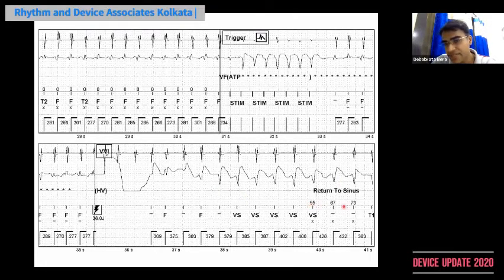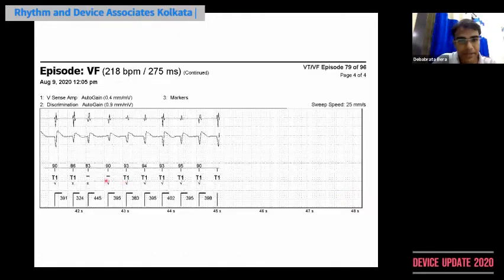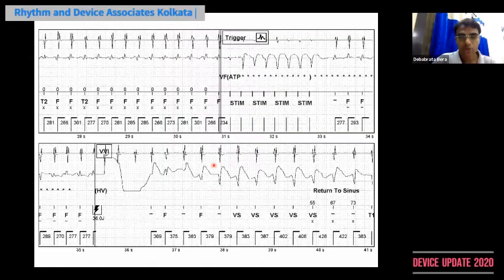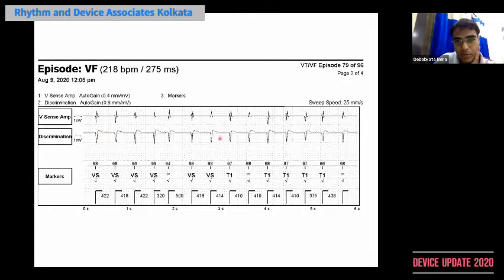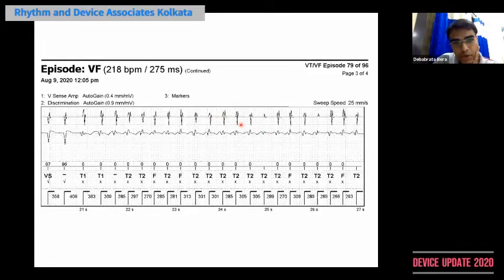Although the match is a little erroneous here, that happens immediately after reversion into sinus rhythm. Gradually that picks up. That morphology match, you see, has gradually improved into the 90s. So the summary of this case till now is the patient who had a sinus rhythm initially, or possibly a controlled atrial fibrillation, got into a ventricular tachycardia, monomorphic VT.